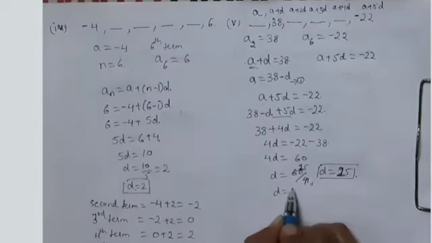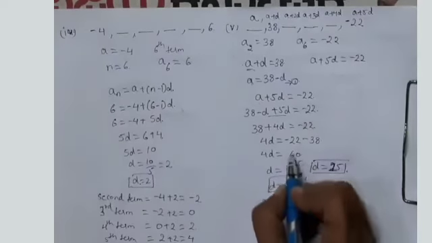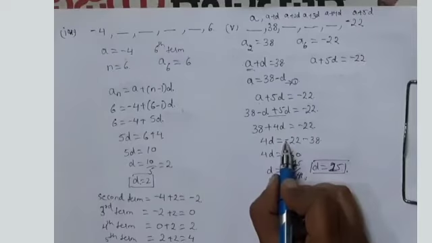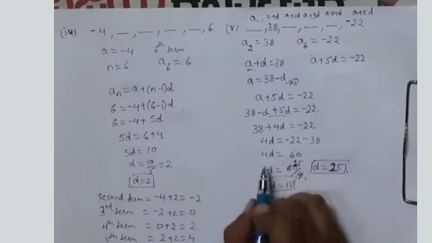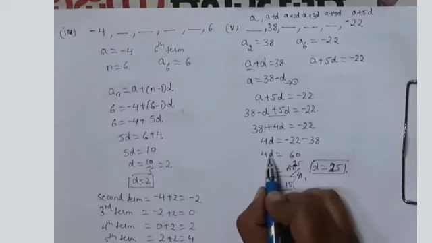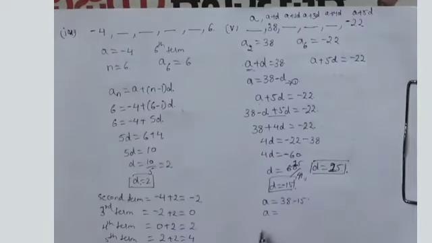Therefore 4D is equal to minus 60 and the D value is minus 15.